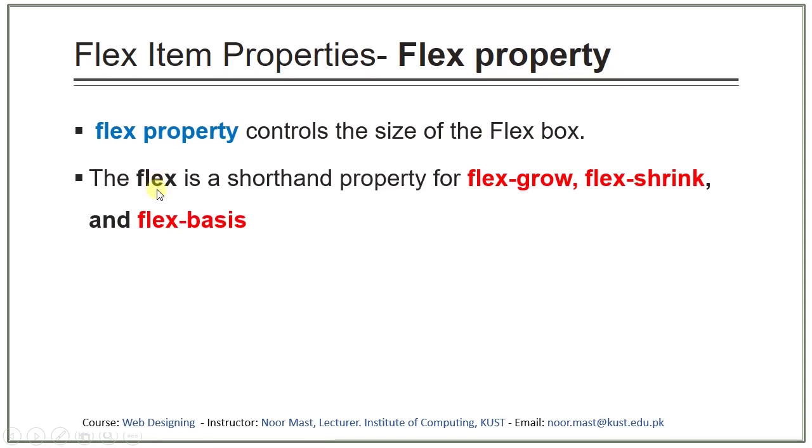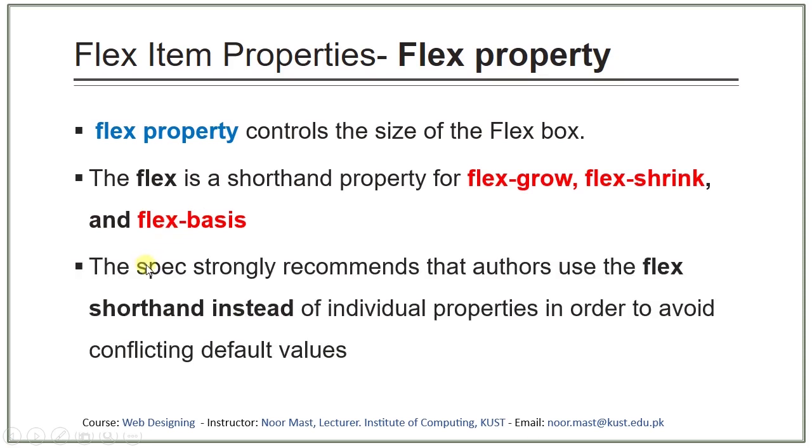The flex is a shorthand property for flex-grow, flex-shrink, and flex-basis properties. The specifications strongly recommend that authors use the flex shorthand instead of individual properties in order to avoid conflicting default values.